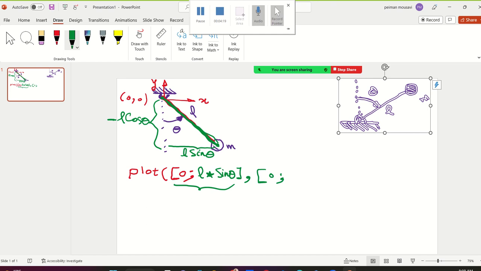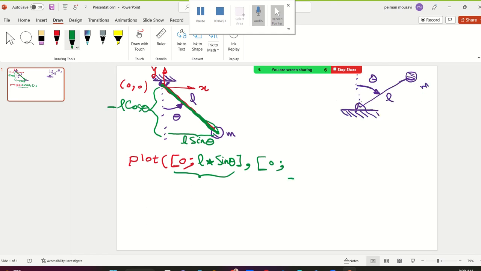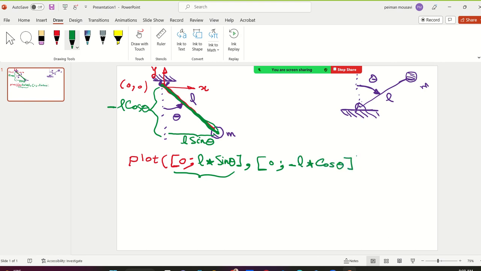So the y of this point is minus L cosine theta. Okay? Clear, guys? Clear, everybody? So this is the x component. This is the y component of that. Okay?